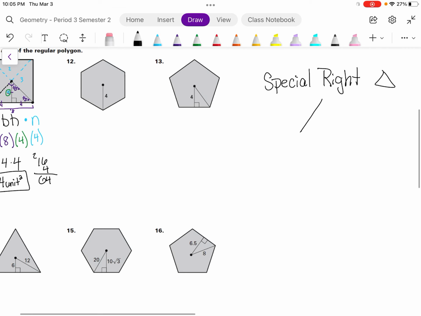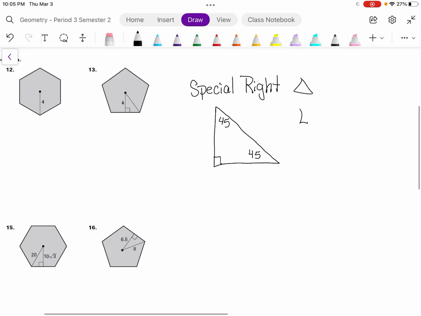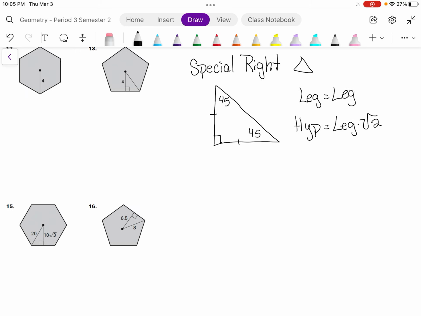And remember with those, if we have a 45, 45, 90, we have a leg equal to a leg, so those are the same. And then the hypotenuse is equal to the leg times the square root of 2. And that's for 45, 45, 90.